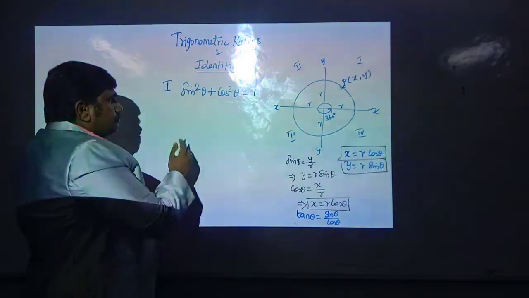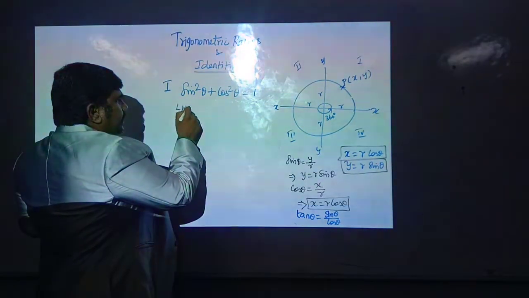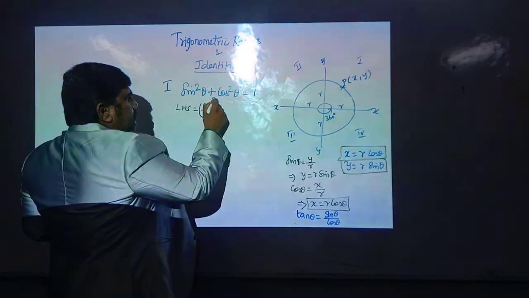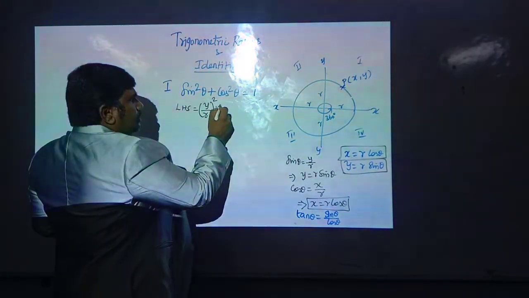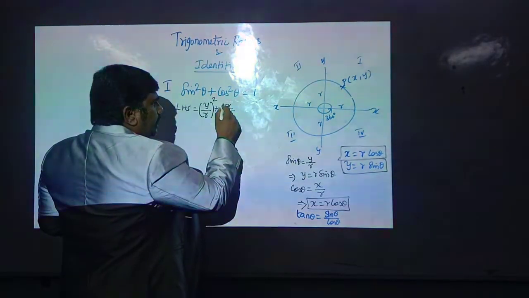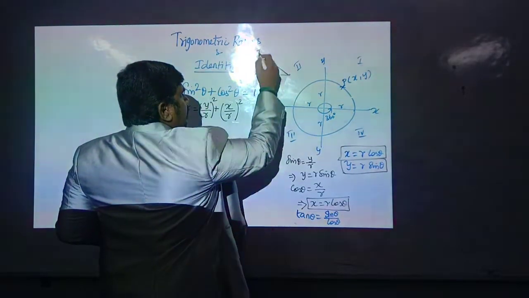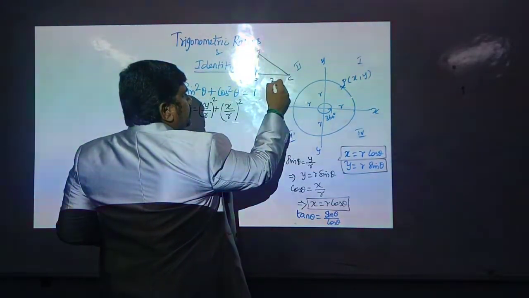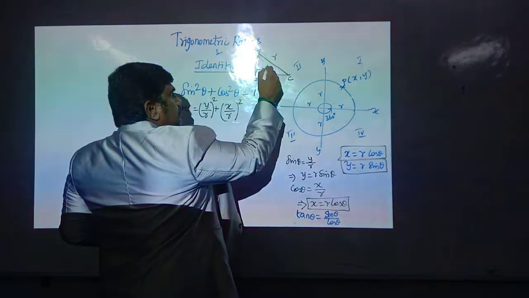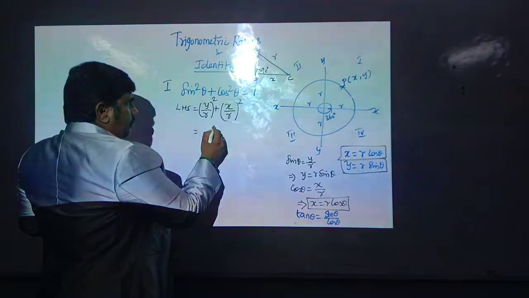We have a small proof of how we arrived at this. Take the left hand side: sine is y by r, so sine square is y by r the whole square, plus cos square, and cos is x by r. In the last class we saw this right angled triangle where the sides are x and y, and the hypotenuse, opposite the 90 degree angle, is r.